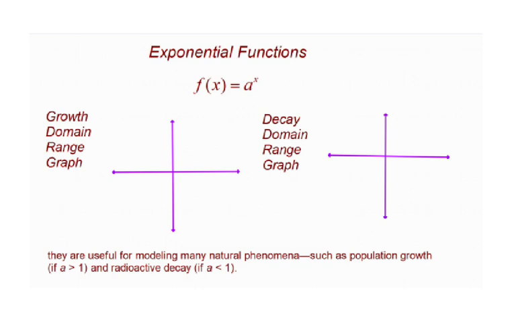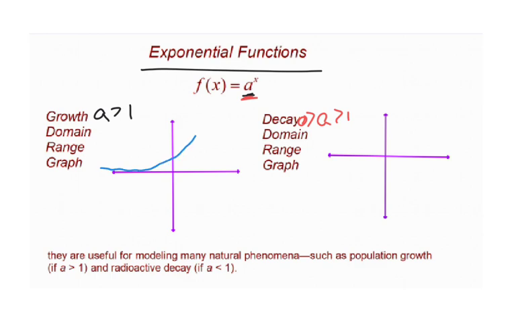The next function type is an exponential function. And so it can be a growth, and that would be when a is greater than 1. Or if it's a decay, and that would be when a is between 0 and 1. So the domain, well, let's graph it and I'll show you.